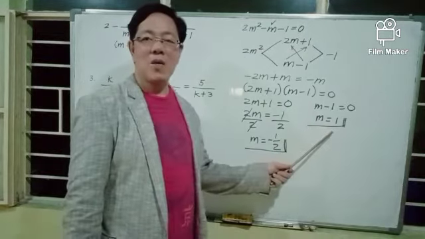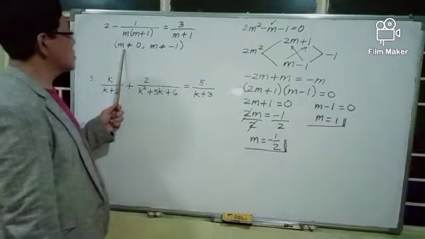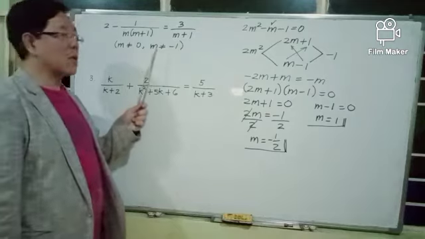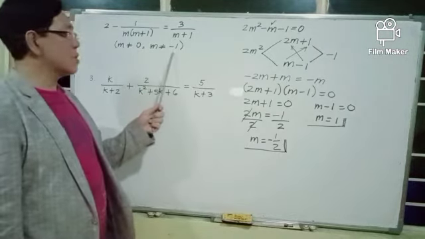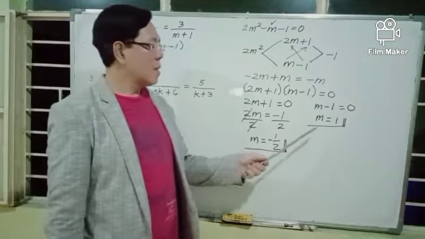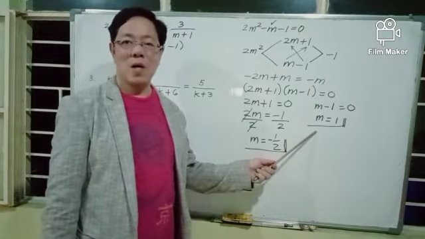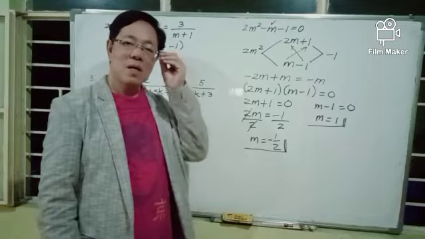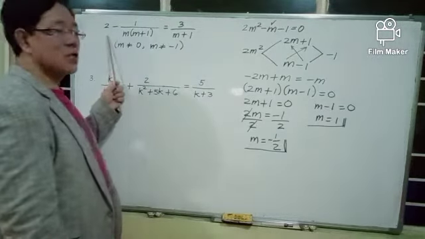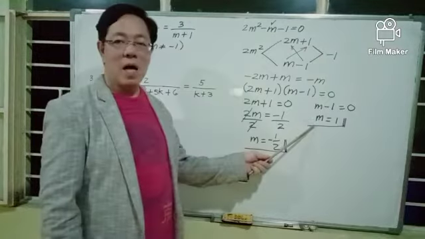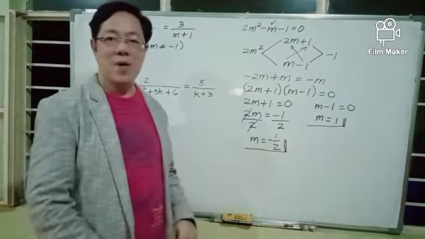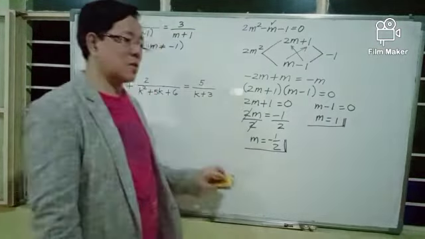And again, this value of m is not one of the values of m that will make the denominator 0. +1 is not equal to 0, it's not equal to -1. Thus, we accept m equals 1 as a solution of this rational equation. But we now check if these values of m are the correct solutions.